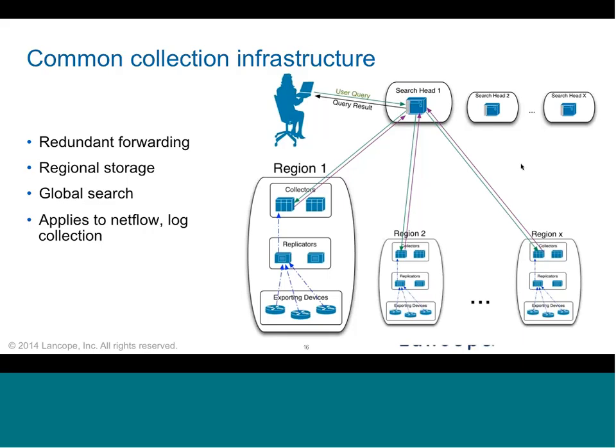So instead what we do is we export everything to flow replicators, which are a 1RU Lancope appliance, and then we control the configuration on the replicators. This is good for us because it allows us to do dynamic balancing between flow collectors, or if one is getting way too much data because some exporting devices started seeing much more traffic or more interfaces were turned up.